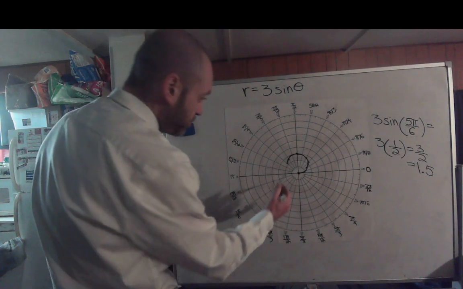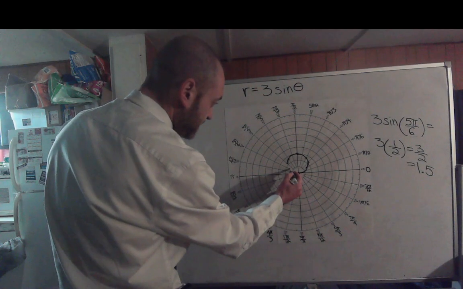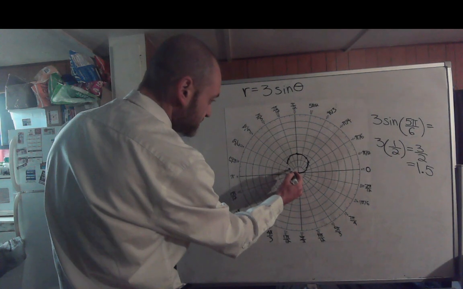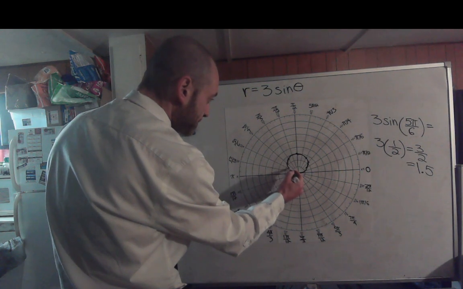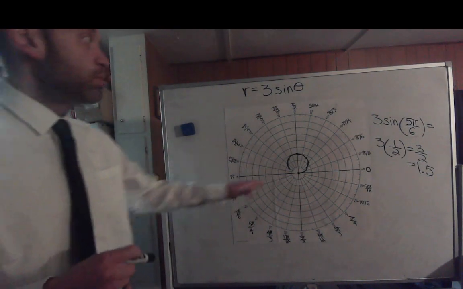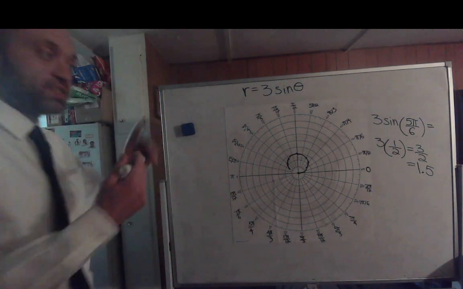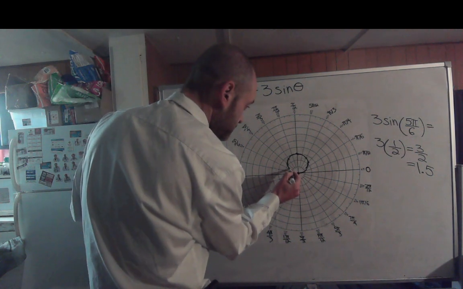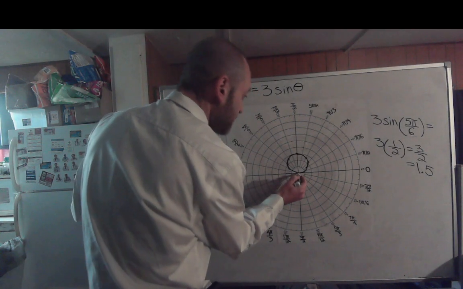That would give you exactly 1.5. So positive 1.5 on the pi over 6 axis, 5 pi over 6, is right there. Then the next special angle after that is pi. Well, what's the sine of pi? That's just 0. 3 times 0 is 0. So we can connect everything here.